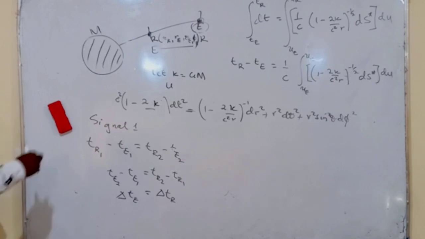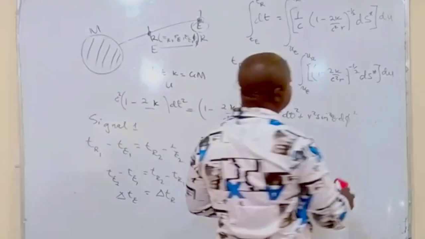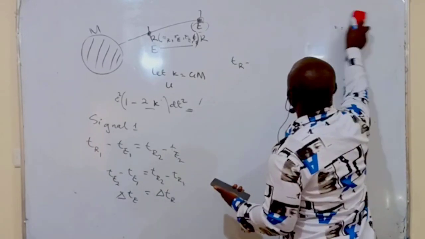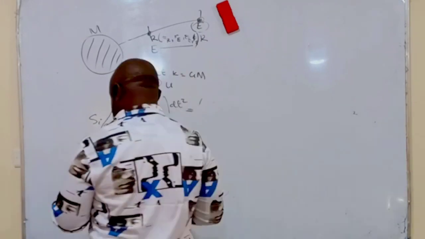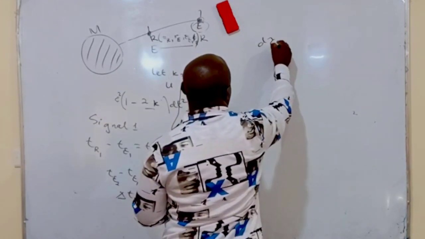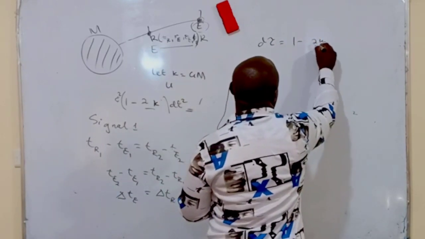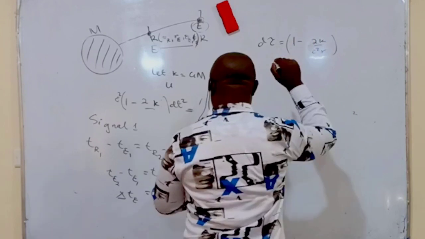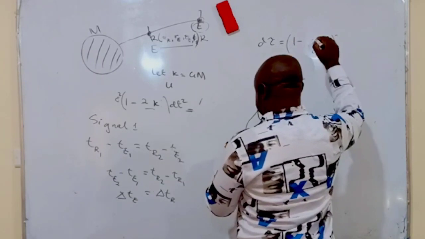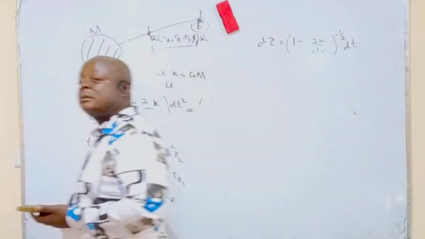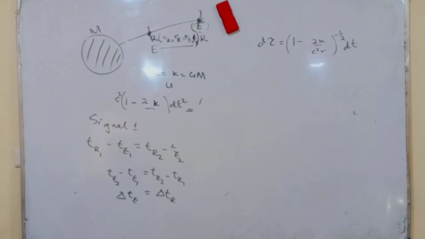Then we can go back to our expression for gravitational time dilation. Remember, we said that the tau is the same as 1 minus 2k over c squared r to the power minus a half dt. That's what we said earlier under gravitational time dilation. Okay?